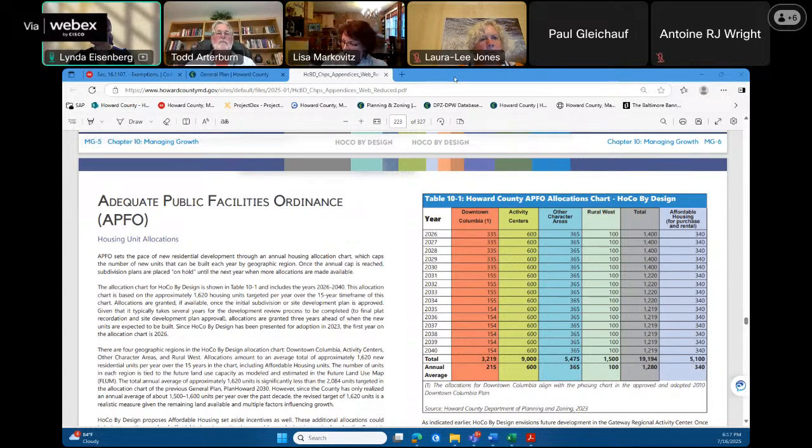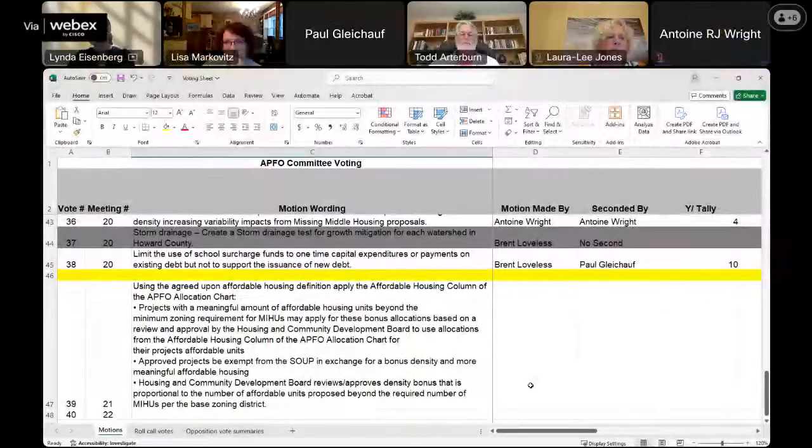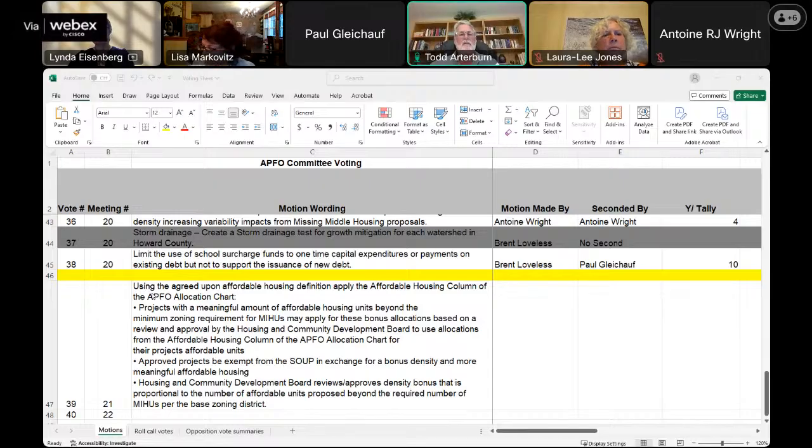Sure. Let me go and share that now. Okay, so this is the motion. It starts with using the agreed upon affordable housing definition.